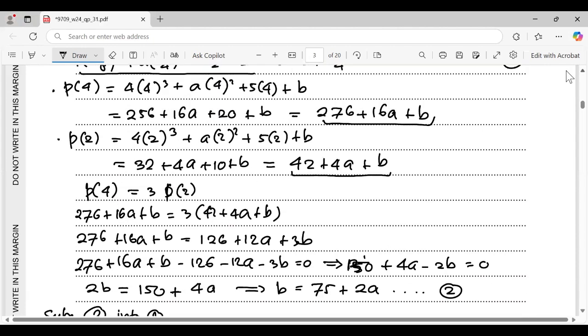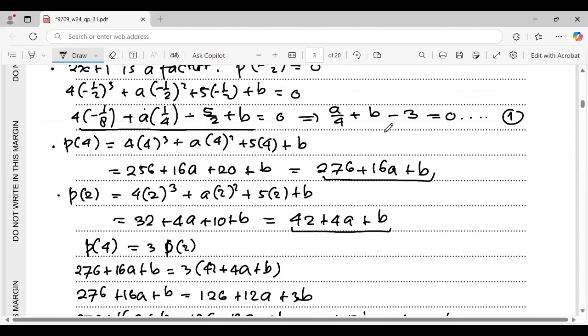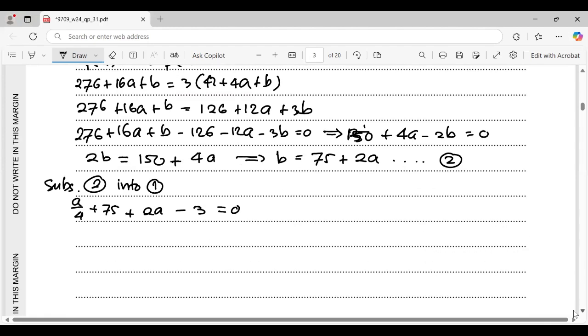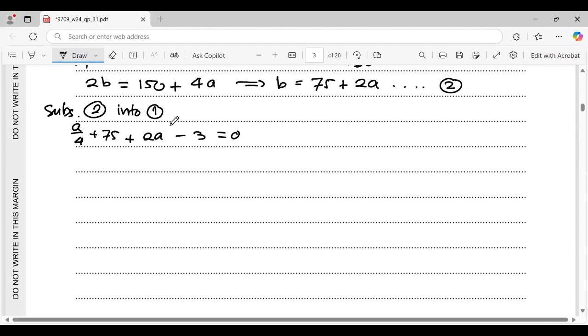The first equation, this one, so b is substituted with this result. And then multiply by 4, the left hand side and the right hand side is 0.